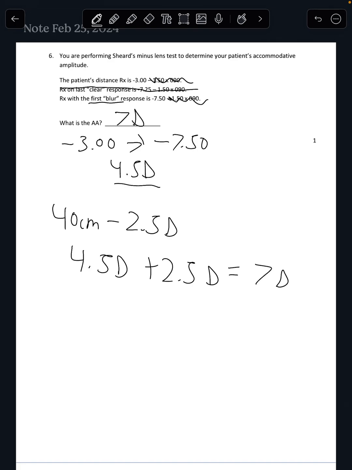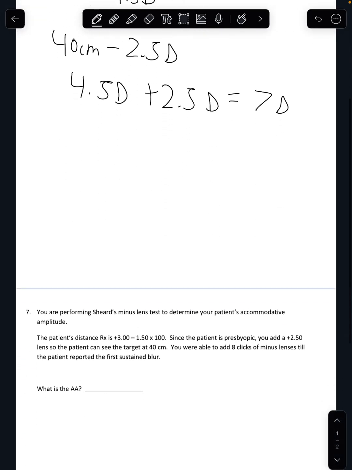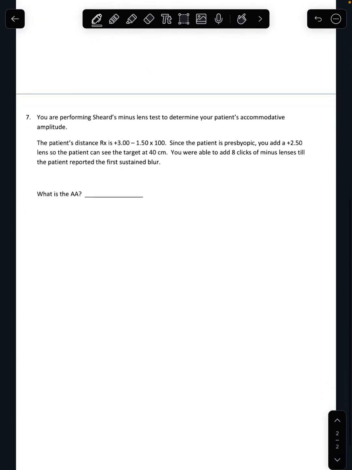And that's our answer. Okay, and then here's another variation of the same problem. So patient's Rx is that, and they're wearing a +2.50 add, still working at 40 centimeters, and it says we were able to add 8 clicks of minus lenses. So in this case, we don't even really need to worry about the patient's Rx because we know we added 8 clicks of minus until they had their first blur.